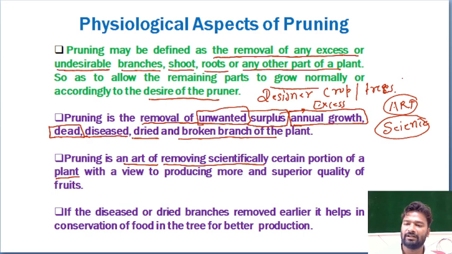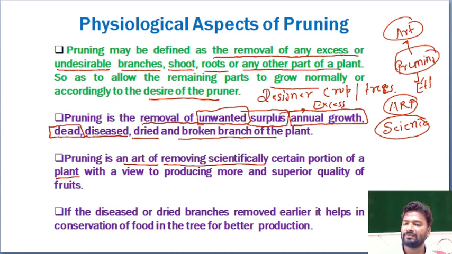The pruning methods are the art and the effects are scientific. Certain portions of a plant are removed with a view to producing more and superior quality of fruits. So our motto is producing more and superior quality of fruits.